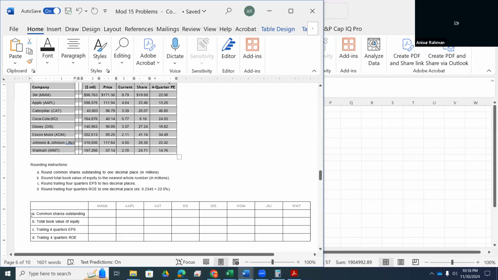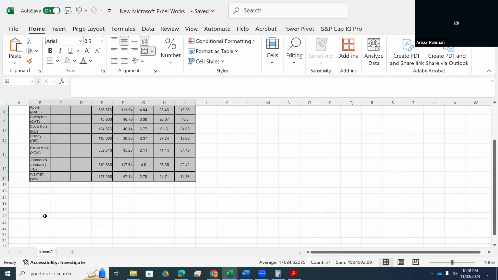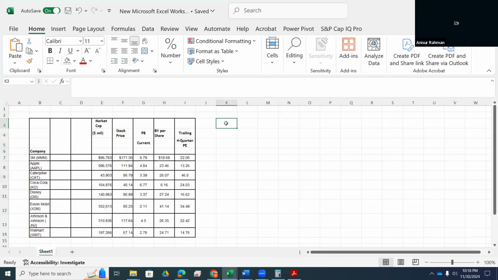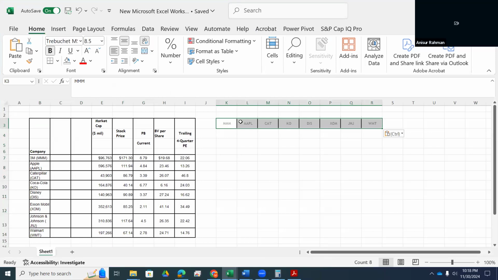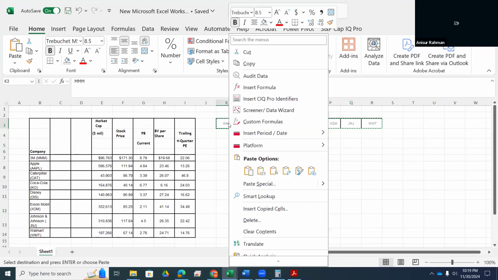So what I'm going to do first, I'm going to copy this and then paste here. And then what I'm going to do, I'm going to highlight this again, Control C, copies, and then come back in this cell, right click on it.